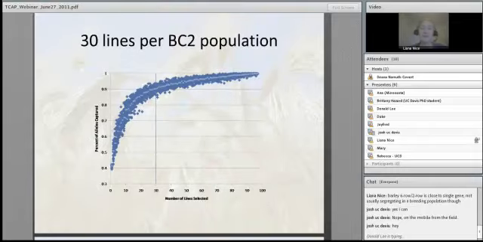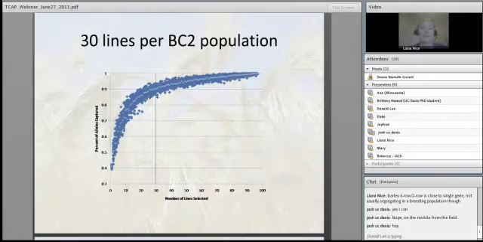The selection of 30 lines was based on the advanced backcross population I mentioned, and I did a simple simulation where I chose different numbers of randomly chosen individuals, and 30 individuals gets you about 90% of the wild barley parent genome covered in the set of 30 individuals.